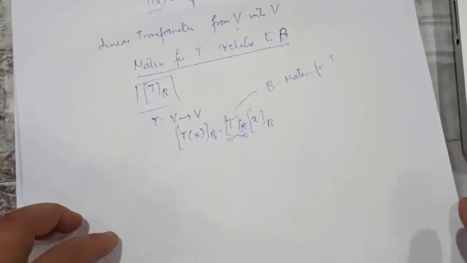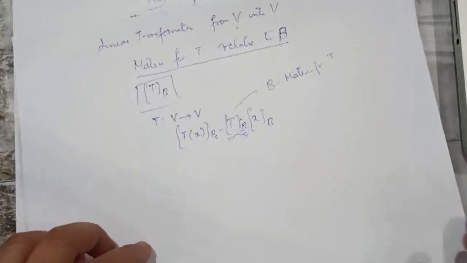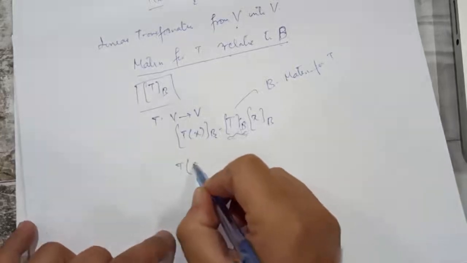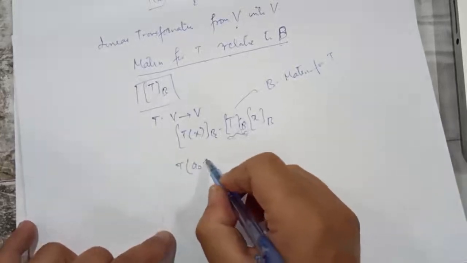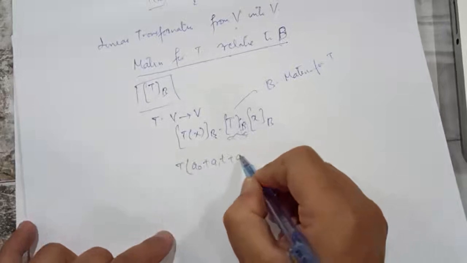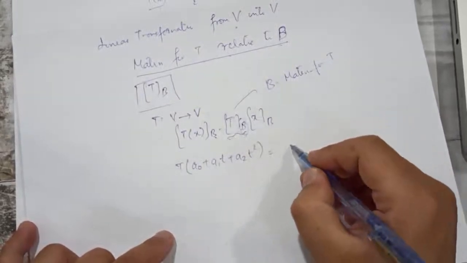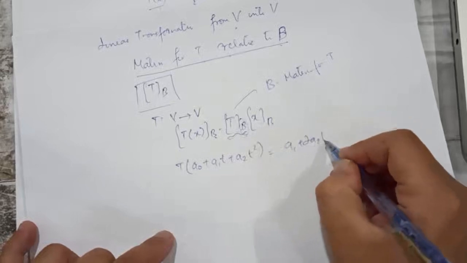Okay. Now let's do an example to illustrate what we have just said. Let's say, for example, the transformation A naught plus A1t plus A2t square is given by A1 plus 2A2t, right?